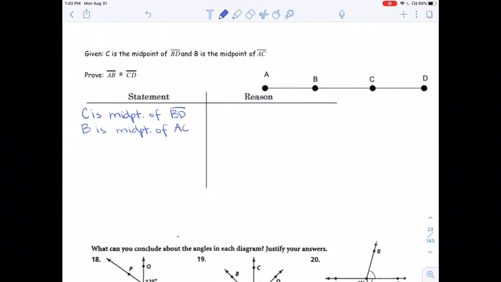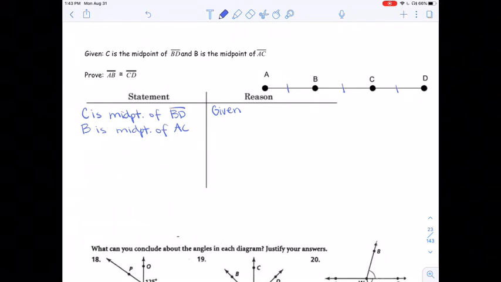So I'm going to go ahead and mark this. What you'll notice is I have all three of these marked the same. Now, I need to list those markings down here in my proof.